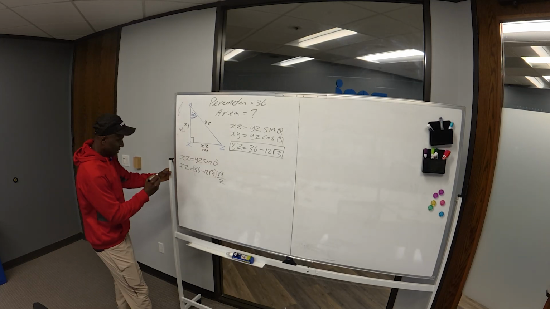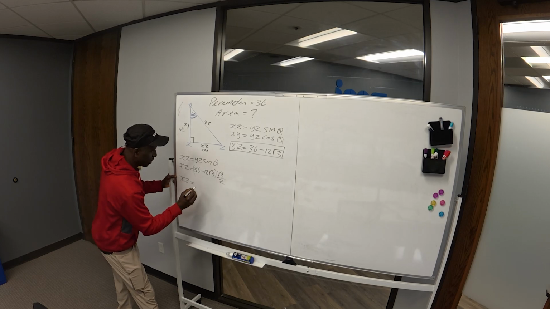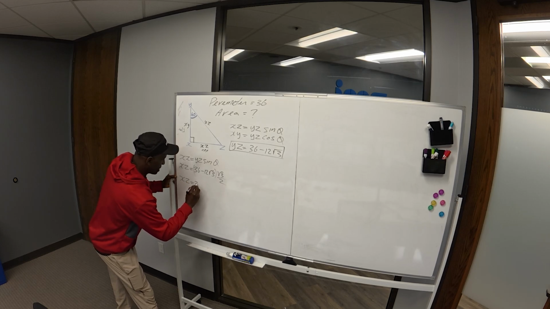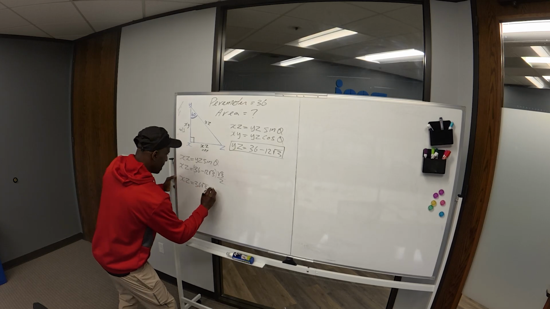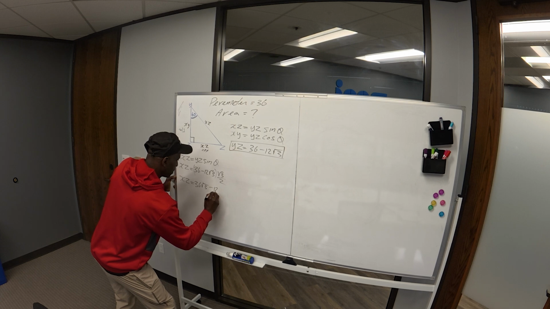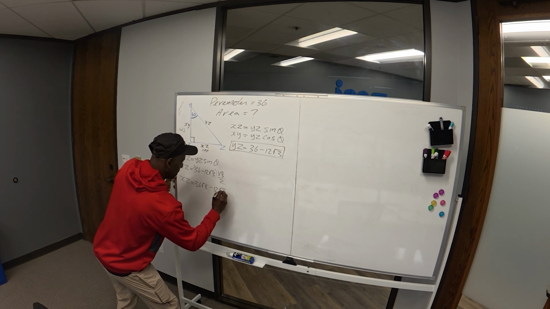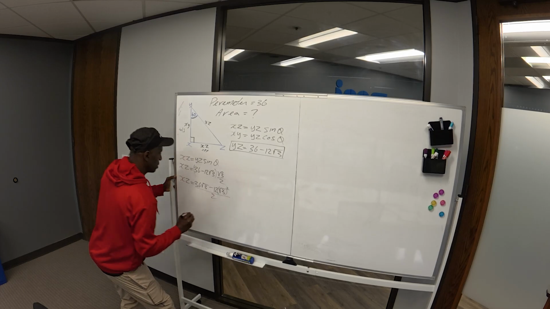So now we can simplify that and say XZ is equal to 36 square root of 3 minus 12 square root of 3 squared, all over 2.